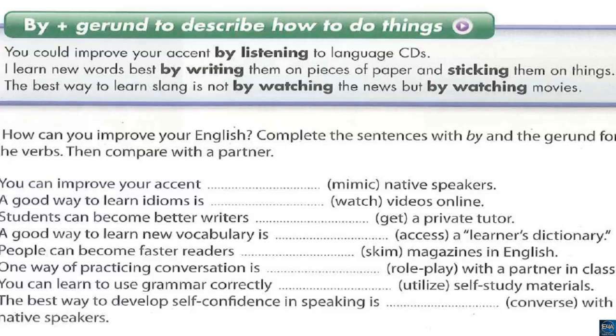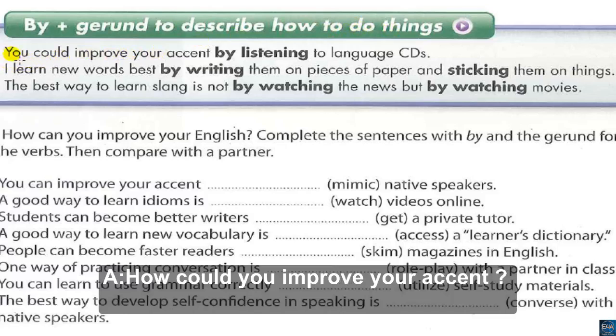Exercise number 9. Grammar focus. By plus gerund. What's gerund? Gerund, verb plus ing. We use the gerund, by plus verb plus ing, to describe how to do things. Example.